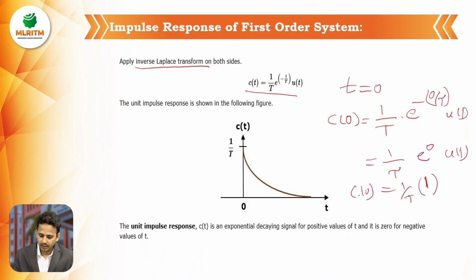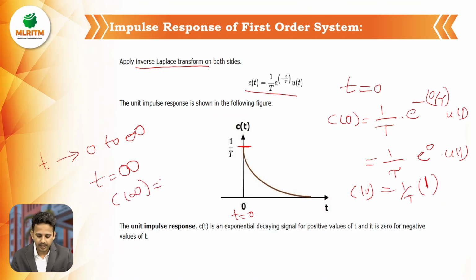So initially, at t is equal to 0, the impulse response of the system is maximum. As t progresses from 0 to infinity, if I substitute t is equal to infinity in C of t, I will get C of infinity is equal to 0.